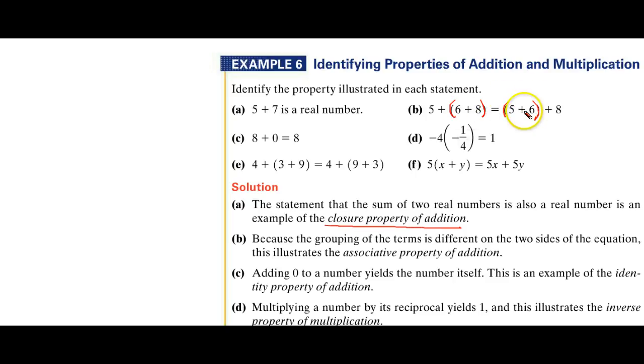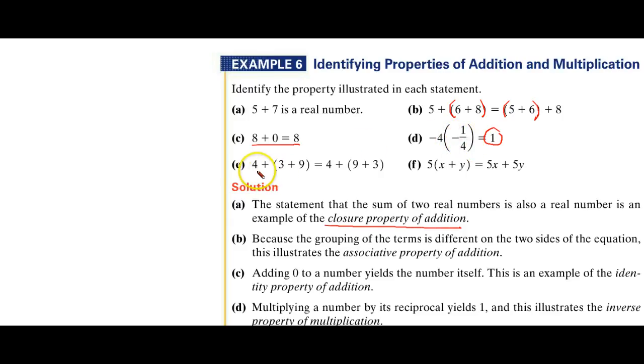This is the associative principle. Here we're adding 0 to 8 and getting 8, the identity of addition. Here we're getting a product of 1. We're starting with this, multiplying by its reciprocal. This is the multiplicative inverse property.